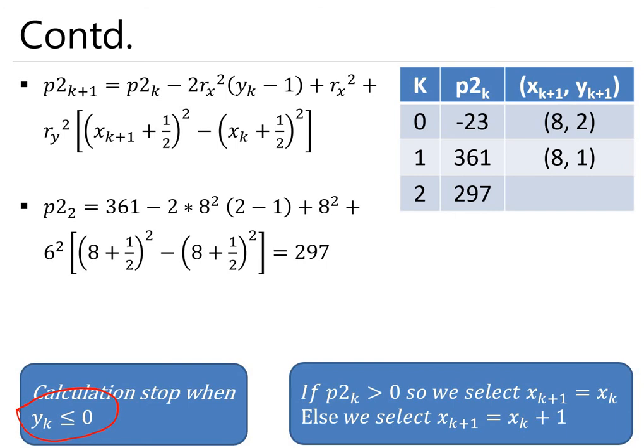In this case, it is positive. When it is positive, we take the same value, so there will be no change from 8. It will remain 8. Now the calculation has stopped. We have completed the first quadrant.